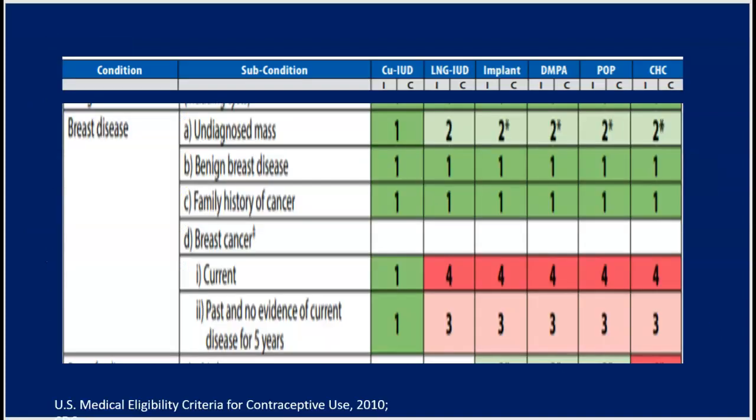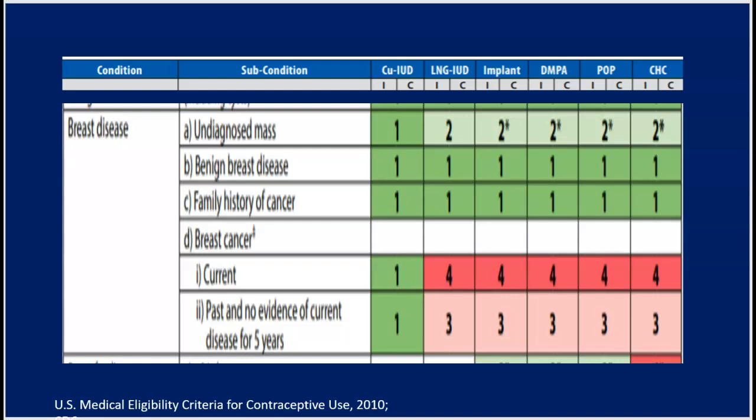When you look at how the MEC recommendations go relative to women with breast disease, you can see that only when women have current breast cancers or even past breast cancers, certainly the use of hormonal forms of contraception, and this would include even the levonorgestrel IUD, would not be indicated.